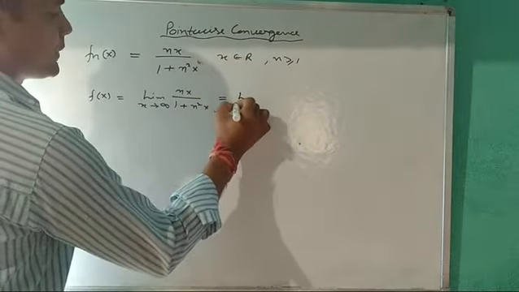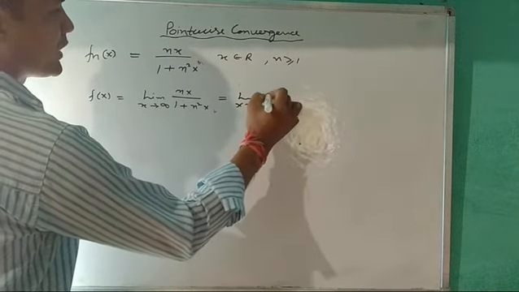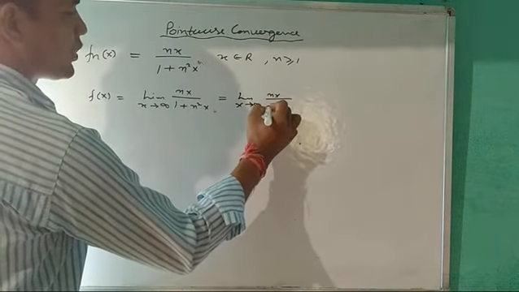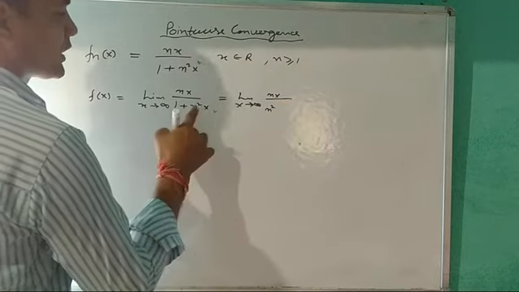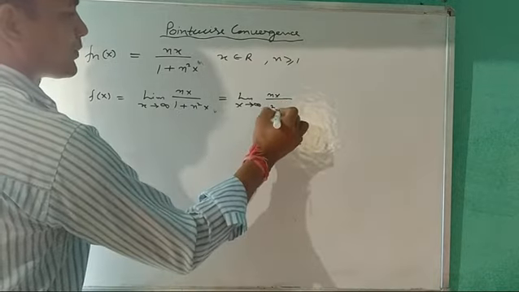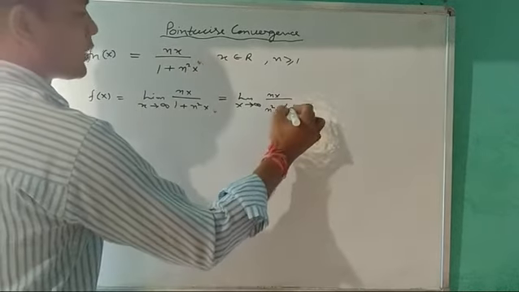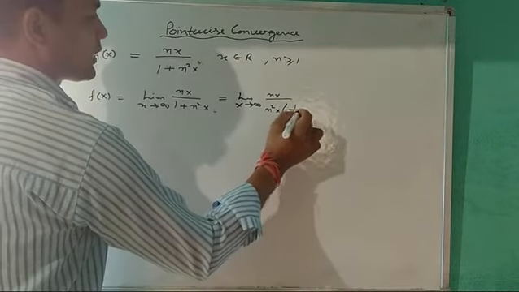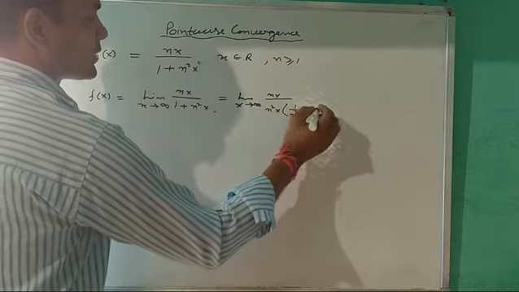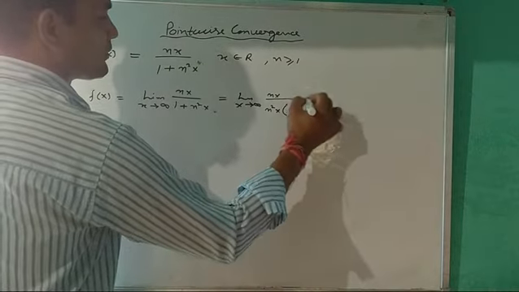It is equal to limit x tends to infinity of nx upon, we can take n square x square common, 1 upon n square x square, n square x plus 1.